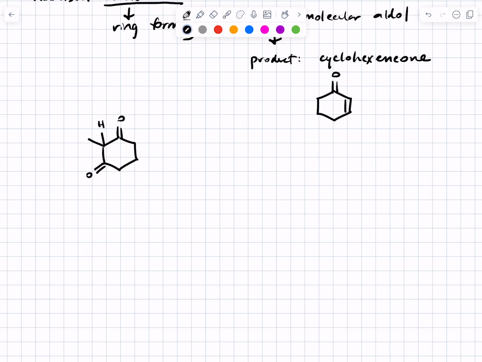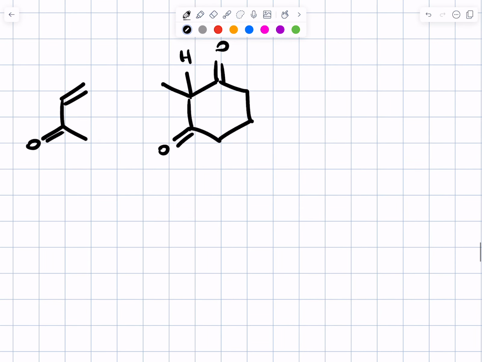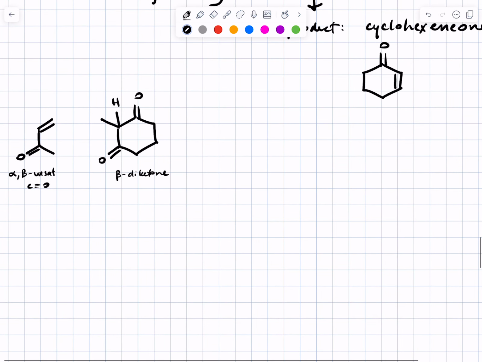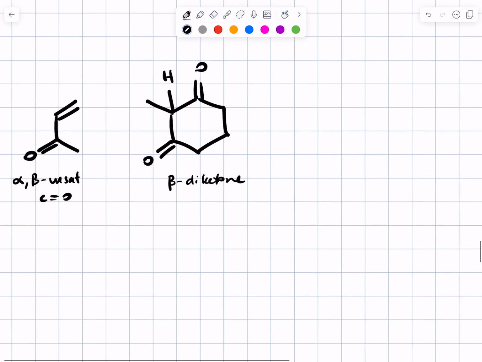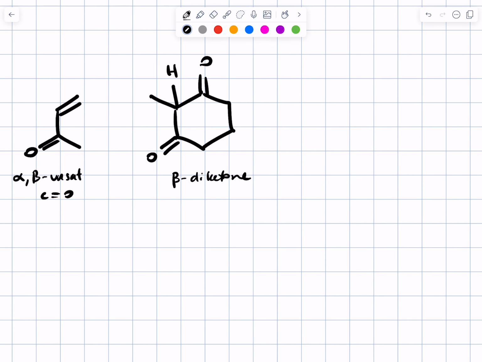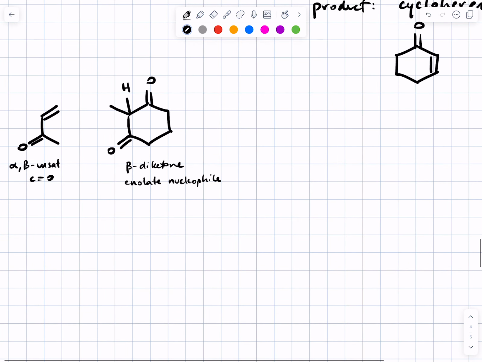And then here's our alpha beta unsaturated carbonyl compound. This happens to be a beta diketone. You don't have to use those as nucleophiles in the Michael reaction, or rather in this Robinson annulation reaction, but that's just what the example is that I'm taking from your text at this point. This is going to be your enolate nucleophile in the first step. Your products, you ready for the horror?